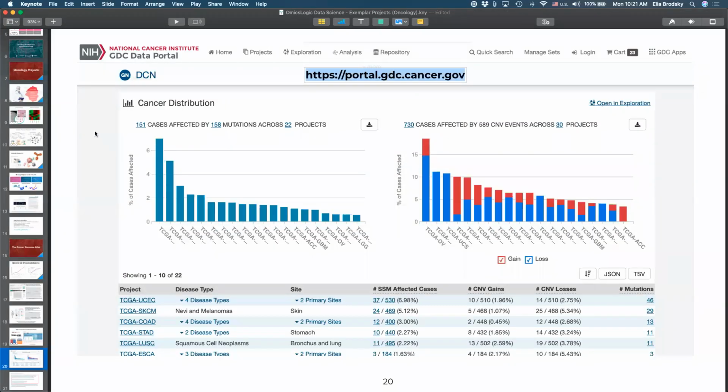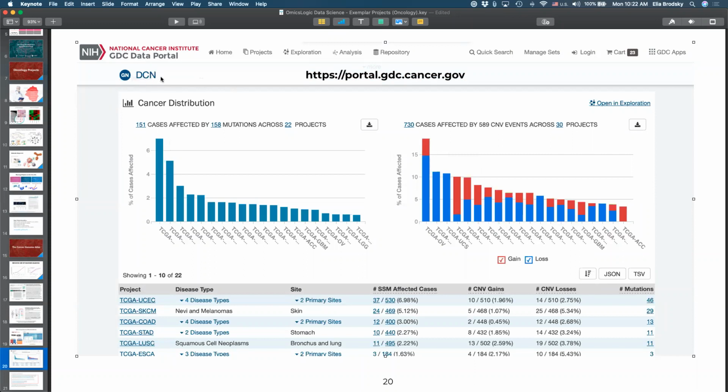Well, this is actually an example of the kind of important features that have been identified. So you see number of cases affected, and then these are copy number variation, specific information on gain and loss in copy number variation, right?